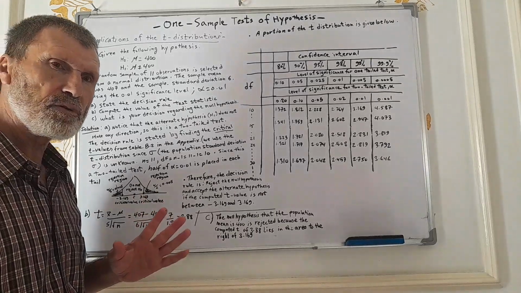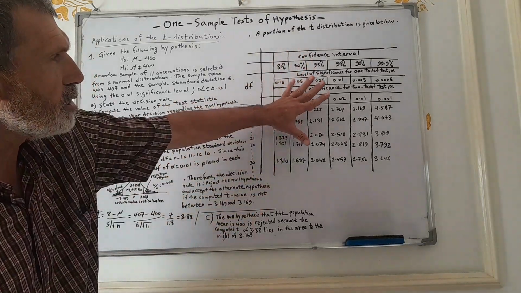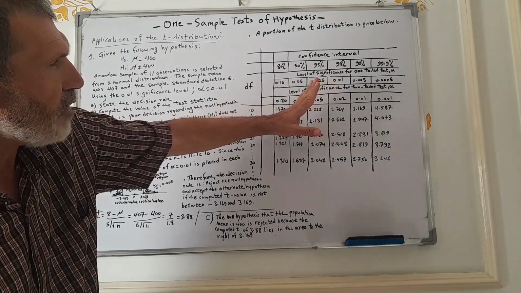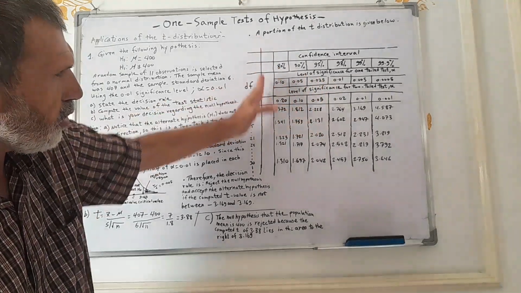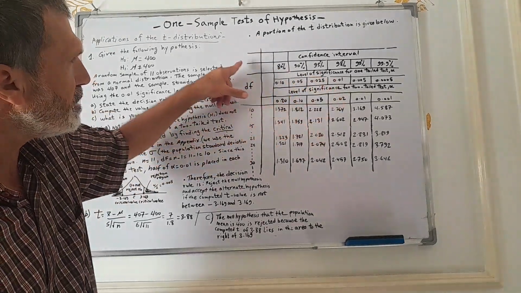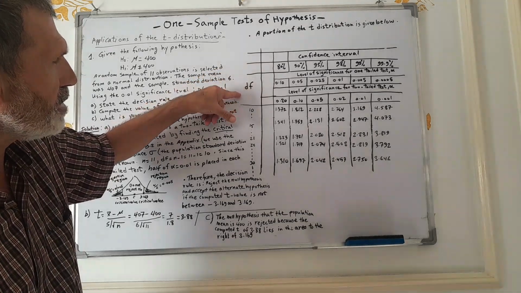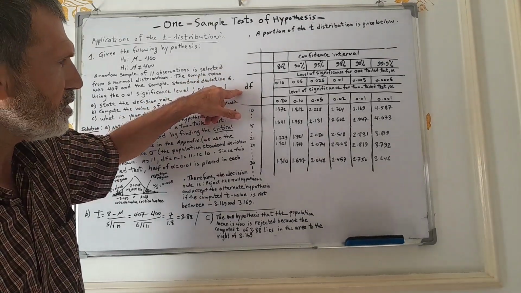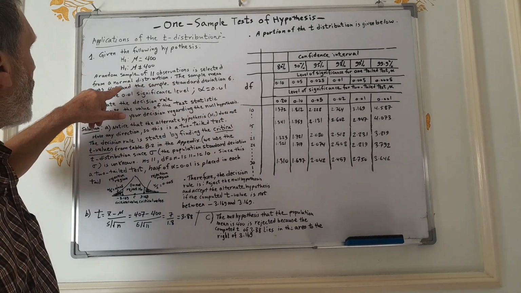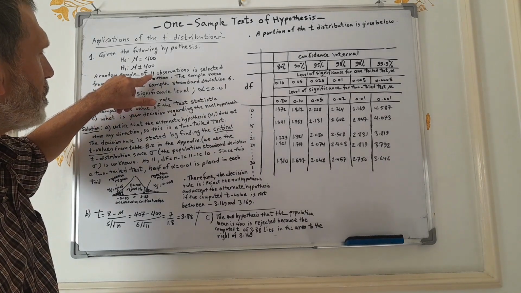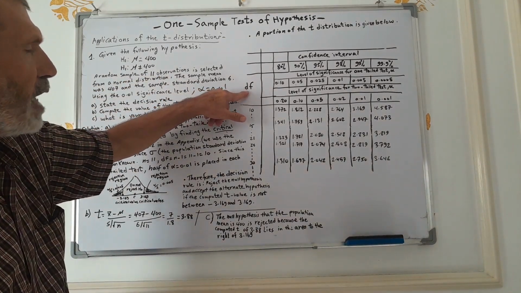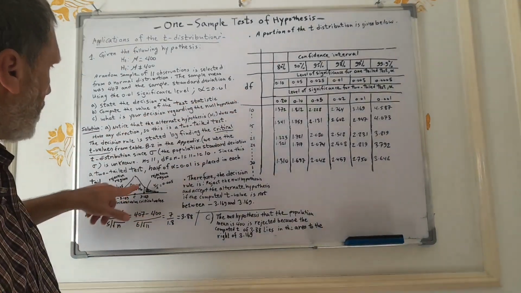First of all, we have to go to the far left column of this table, which is designated by DF, degrees of freedom. Remember, we have a sample of 11 observations. So the degrees of freedom is going to be n minus 1, as we stated here.